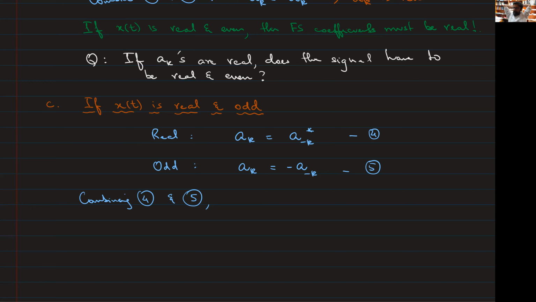Okay, real part is 0. Umar, excellent. Can you unmute yourself and tell me how you came to that conclusion? Sir, the conjugate of a of minus k is minus a of minus k, so that is only possible if the real part is 0.